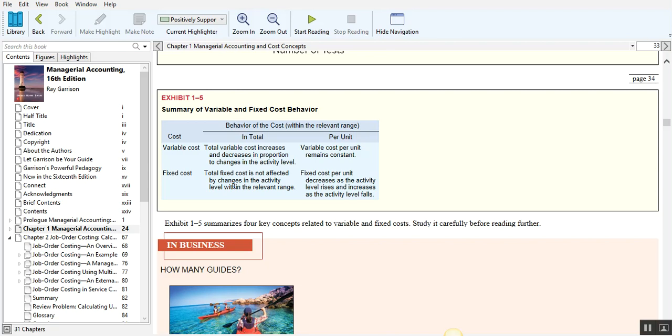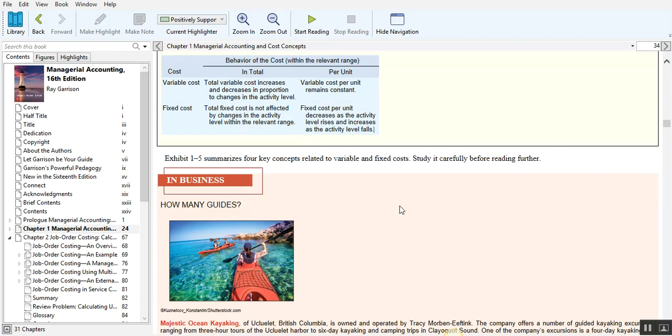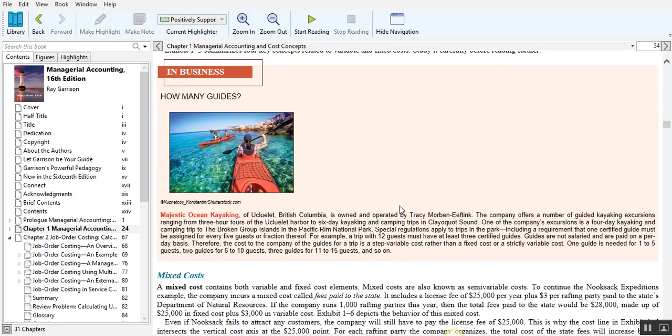It'll be the same regardless of the activity that we're doing. But on a per unit basis, the fixed cost per unit will decrease with an increase in activity. And by the way, the cost per unit will increase if the activity level decreases. So we want to make that distinction between variable and fixed costs.